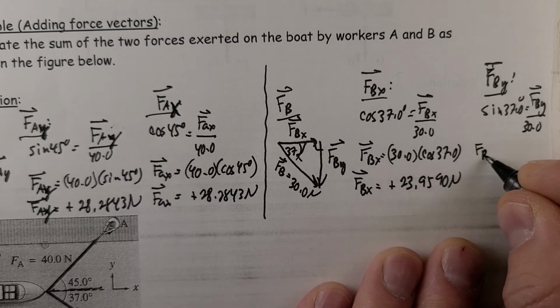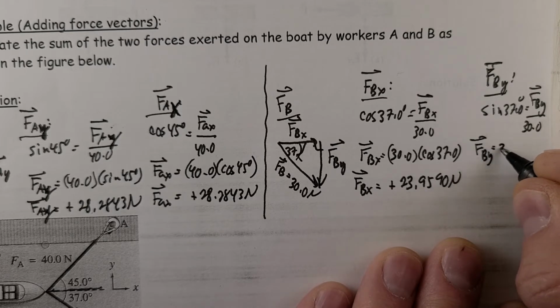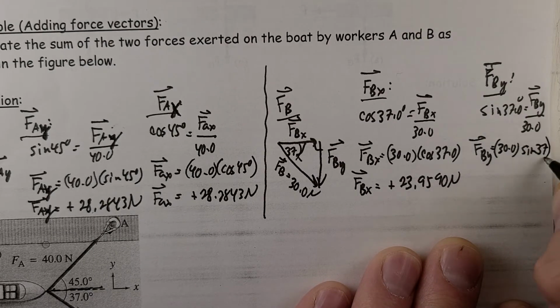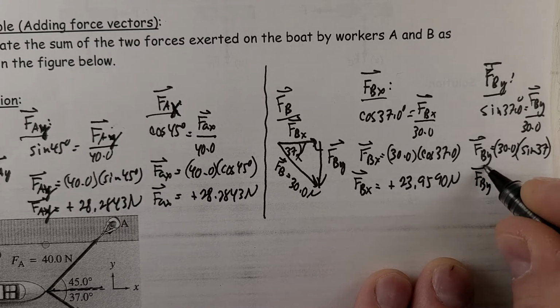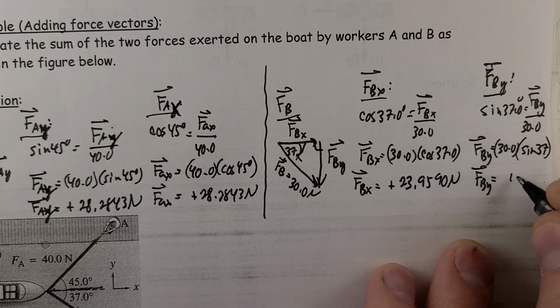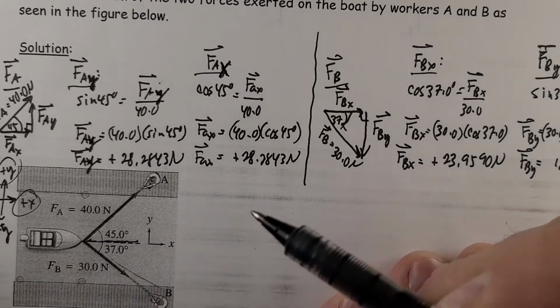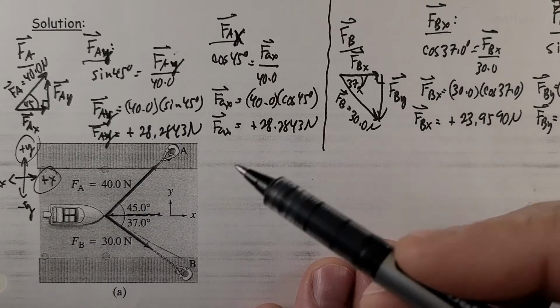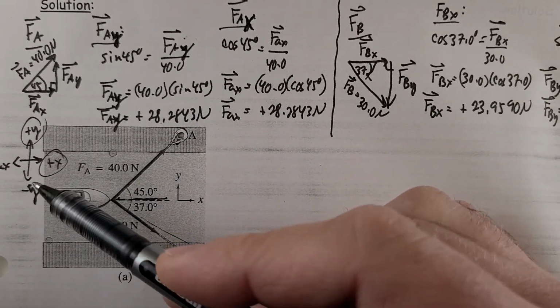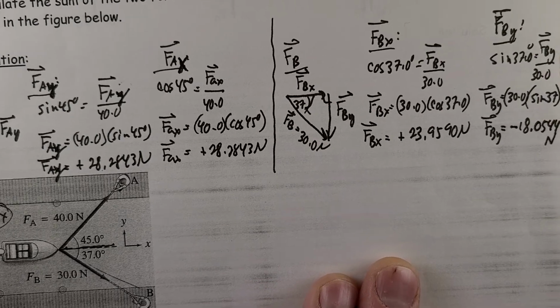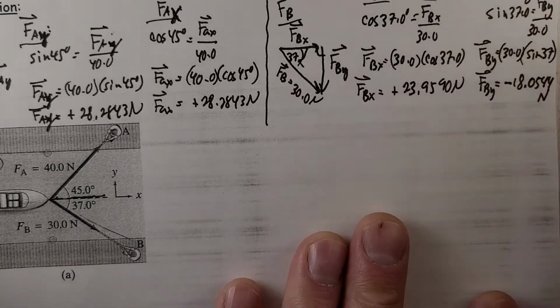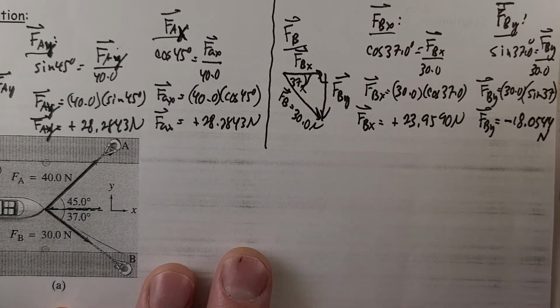So multiply each side by 30, multiplied by the sine of 37. FBY works out to be 18.0544 newtons. Now, Y is operating downwards, and downwards in our direction convention here is a negative Y, so I'm going to have to put a negative in front of there. Okay? If you're running out of room here, I didn't leave a lot of room for this question, so if you want to do it on loose leaf, you certainly can.